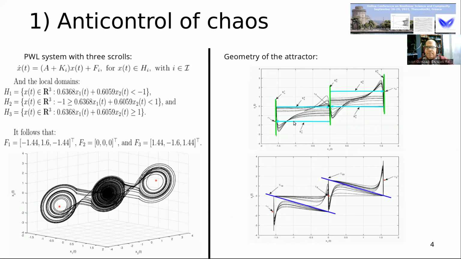You'll have the pale blue as the stable directions of the eigenlines that go from one unstable eigendirection, the plane, to the equilibrium point, and the pale green is the unstable planes where the scrolls are generated.